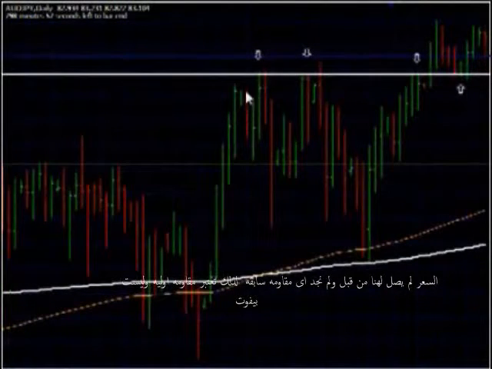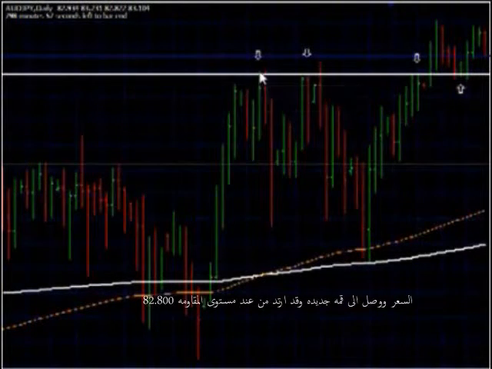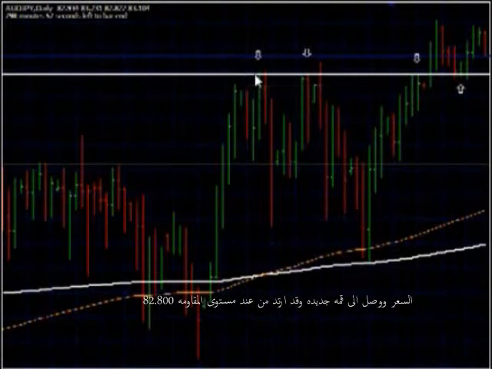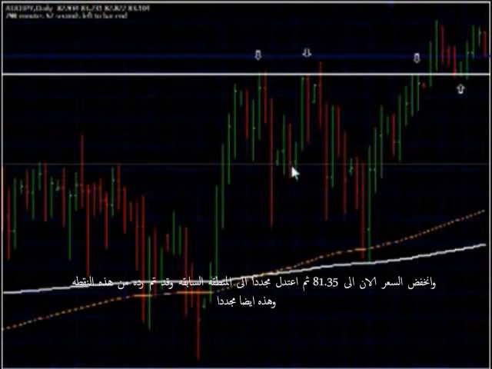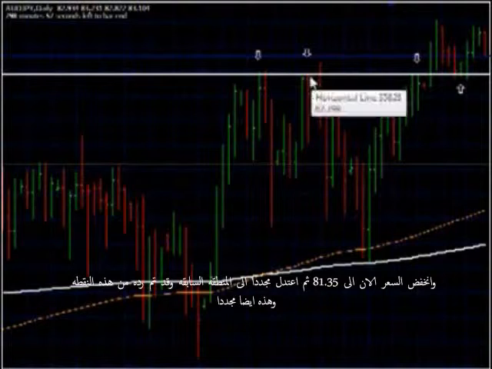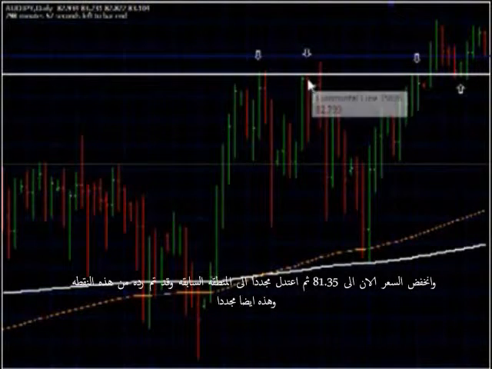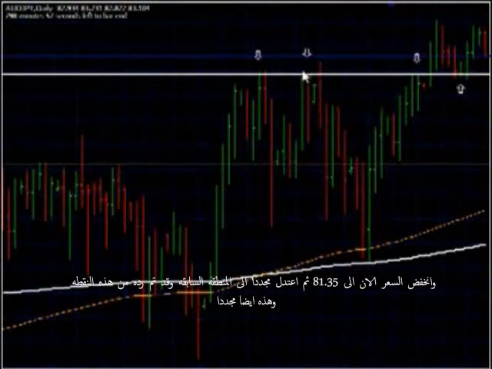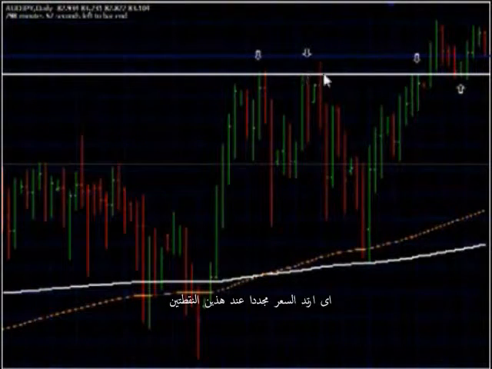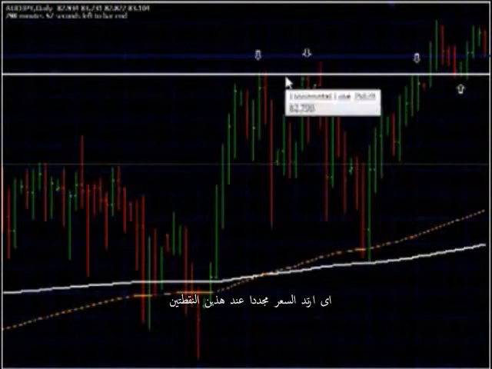Price reaches the new high, gets rejected by the 82.8 resistance level, goes back down to the 81.35, and goes back up. At this point price gets rejected again, once again at the 82.8 level.